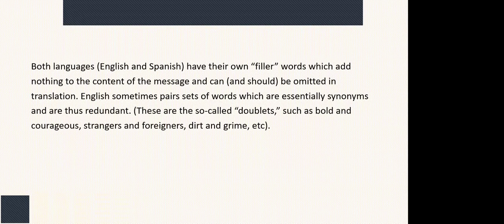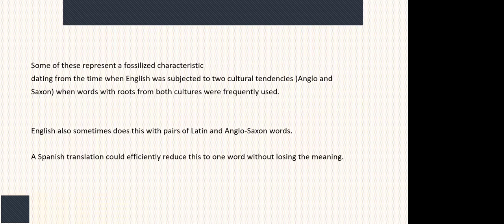That's why the doublets became so popular, because they use one from each of the two root languages that English regarded as its roots, Anglo and Saxon, such as in some combinations, such as bold and courageous, strangers and foreigners, dirt and grime, etc. So many of them, as I was mentioning, come from cultural tendencies, right? And root words from both languages were frequently used, the Anglo and the Saxon.